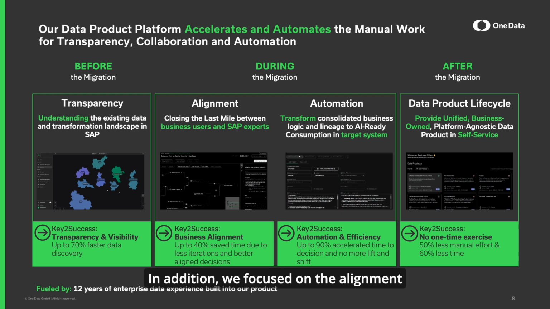In addition, we focused on the alignment and the design phase of a future use case, where I showed you how you can use existing structures to automatically set up a target structure for my Snowflake or for my hyperscaler environment. And we didn't stop here, but we automatically translated the ABAP code in the SAP BW system to a Snowflake environment and translated it into SQL code in the end.